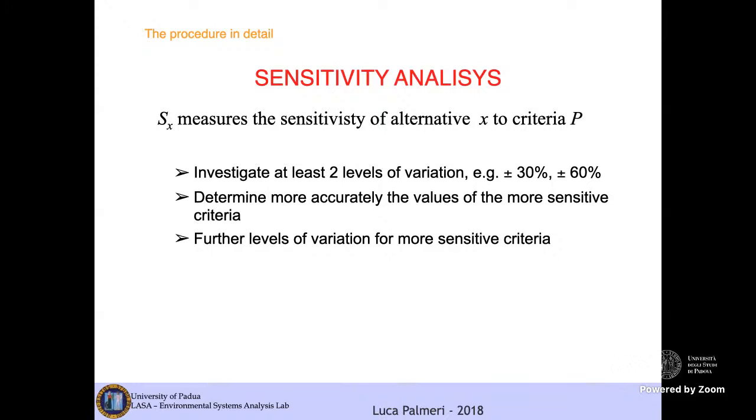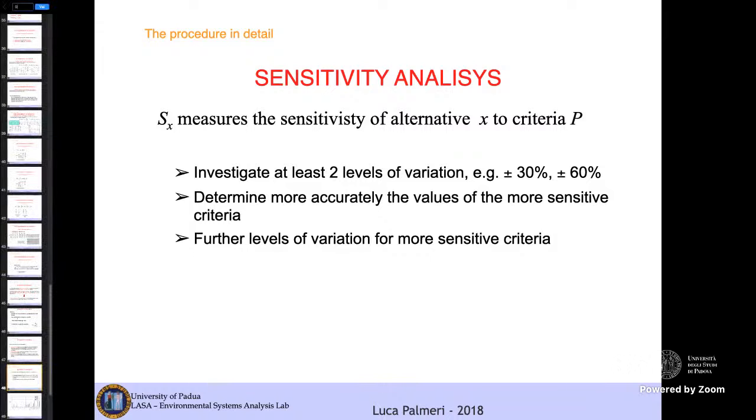Classically, the sensitivity measure S_ij measures the sensitivity of alternative X to criterion B. Normally at least 2 levels of variation are investigated. It is useful to determine more accurately the values of more sensitive criteria, and further levels of variation for more sensitive criteria may be foreseen.